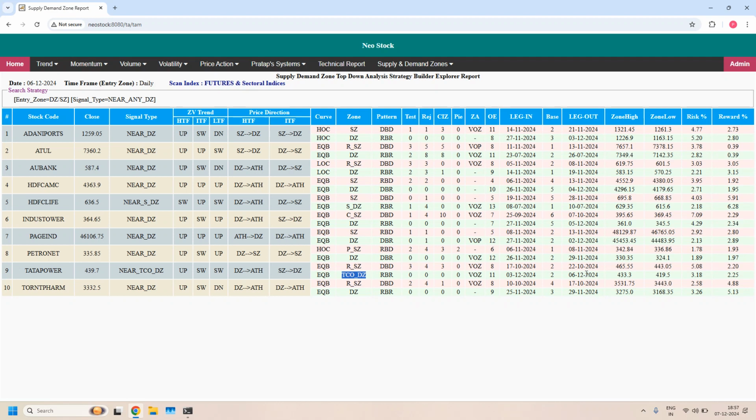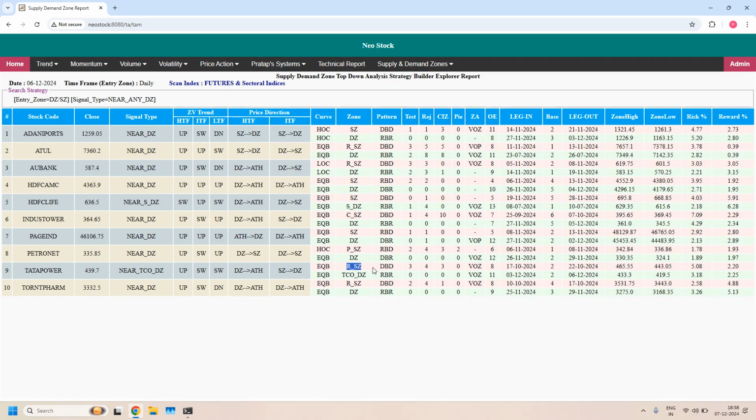Assume this supply zone is not tested. If this supply zone is tested, then this Tata Power will act as a low priority high liquidity zone. At that time, you can't expect an 80% success rate during the intraday. Still, you can take a trade if the 5-minute order flow is there.